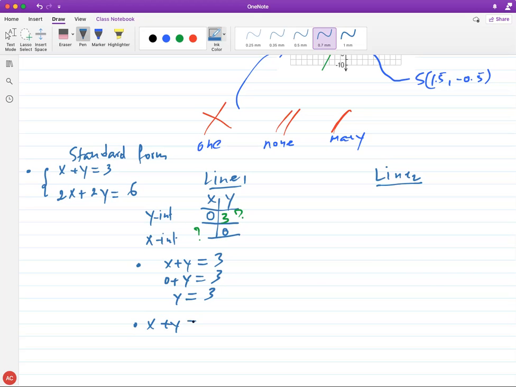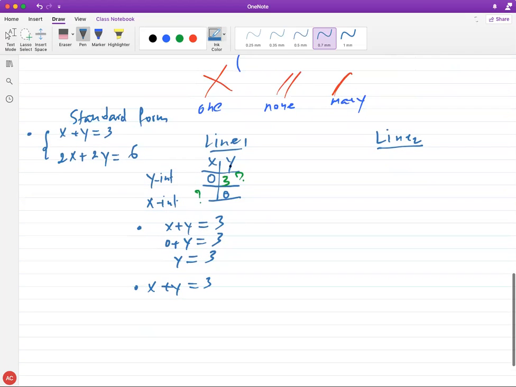This is the equation again, line 1. This time we know the y, which is 0, but we don't know the x. X is missing, so it's going to stay here. We solve: x plus 0 is x, and equals 3. So the other point here is 3. So we're done with line 1.